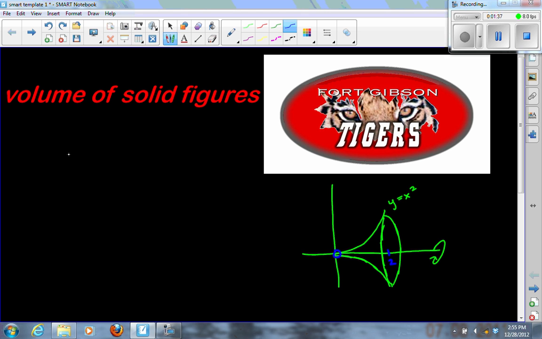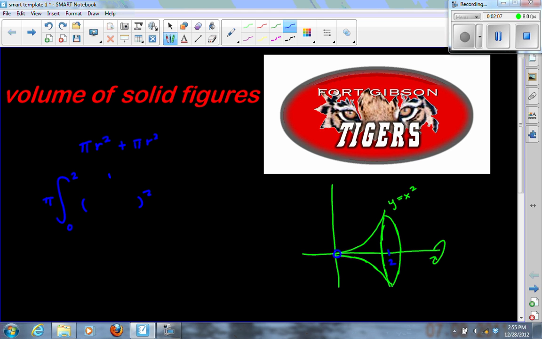And so you can just add up all of the areas of all of those disks, which are pi r squared, another pi r squared, and that would just go on forever and ever. Well, remember, just like when you're finding the area under a curve, finding the volume of this three-dimensional solid, you just integrate across your interval, and the formula for one of those disks is pi r squared.